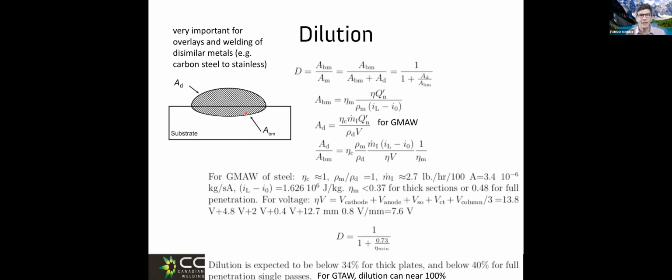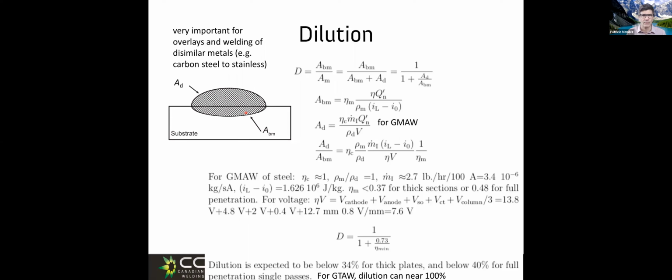In the case of stainless, things are a lot more difficult, because if I'm doing dissimilar metal welding and I put stainless on top of carbon steel, I dilute my carbon steel and the carbon comes into the stainless. And if you remember, carbon is not the friend of stainless because the carbon reacts with the chromium and can sensitize the weld.